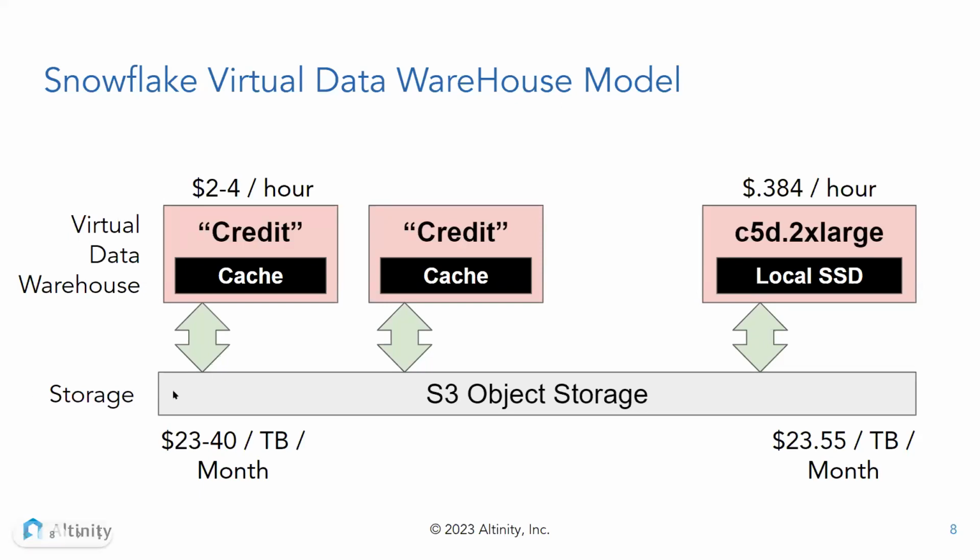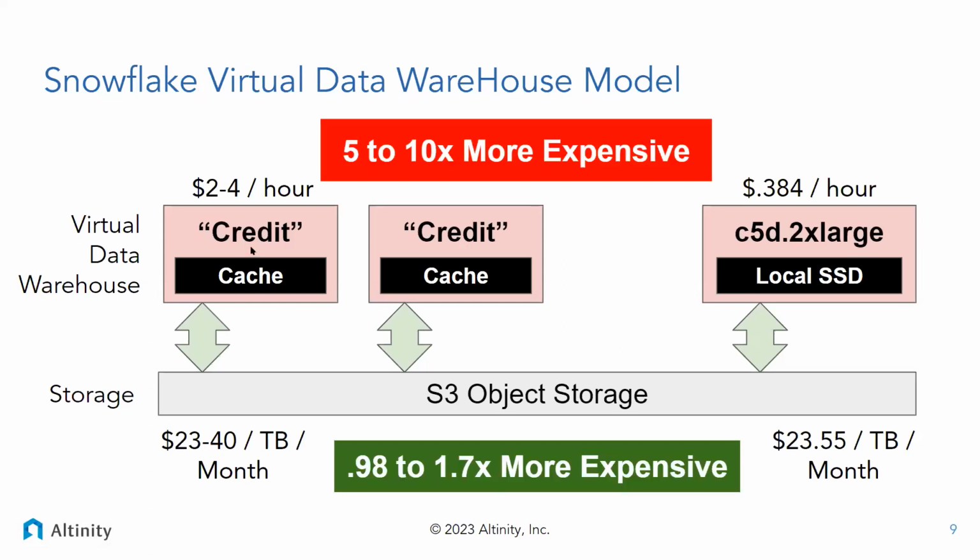Now we know what the object storage is, because Snowflake is storing it, and we can see that Snowflake charges between $23 to $40 per terabyte per month, which interestingly is not that different from the Amazon on-demand S3 costs. So they don't really mark up the object storage very much at all. What they do mark up is the virtual data warehouse.